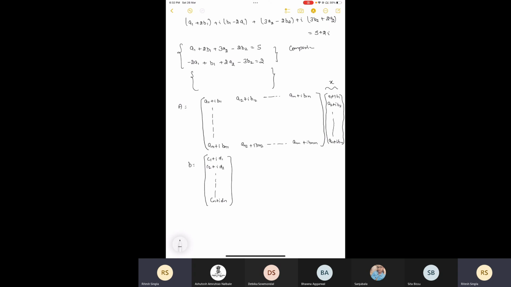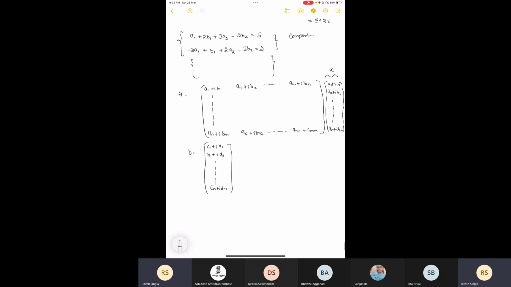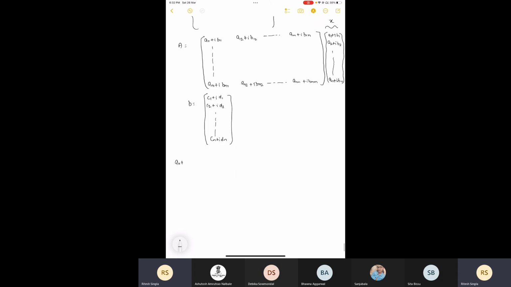Now we have to do the same thing here. We have to multiply and add. So this equation, say the first equation: (a11 plus i b11)(a1 plus i b1) plus (a12 plus i b12)(a2 plus i b2) plus and so on, (a1n plus i b1n)(an plus i bn) is equal to c1 plus i d1.